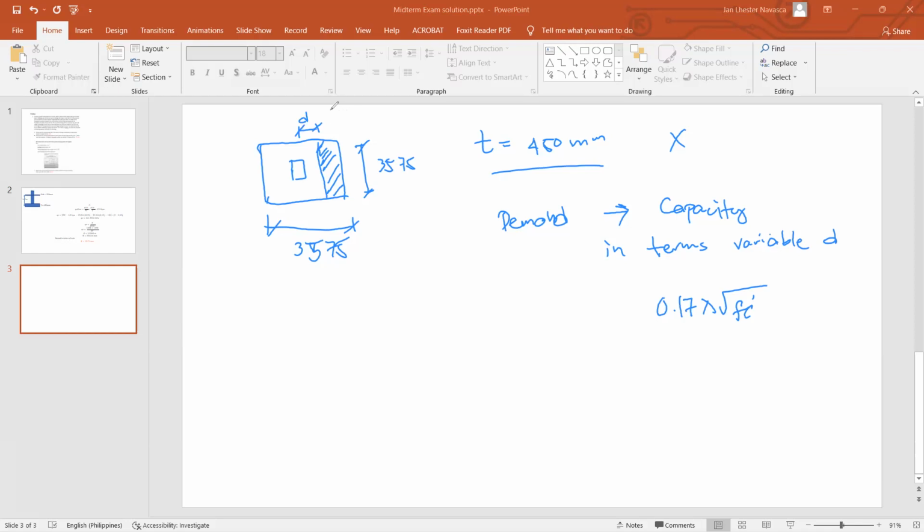Okay, open ko lang yung isa para makita natin yung value. I forgot to save yung aking Excel. Wait lang ha.